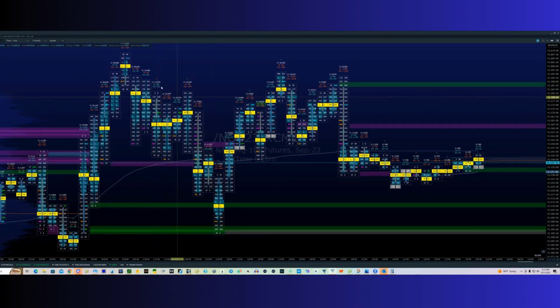But you have to keep in mind that when you do fall back into these imbalances, they can also now be newly formed support. You have to watch price and see how it interacts at those price levels to see if price is actually going to bounce or if it's going to push through and continue.